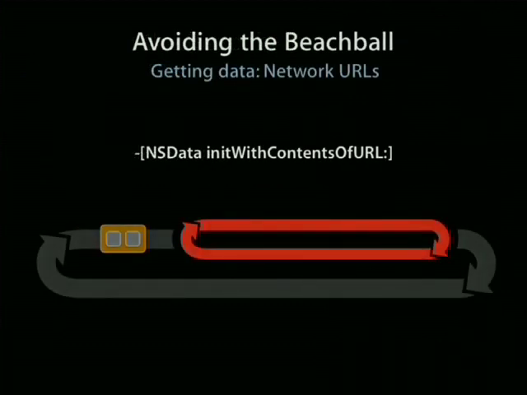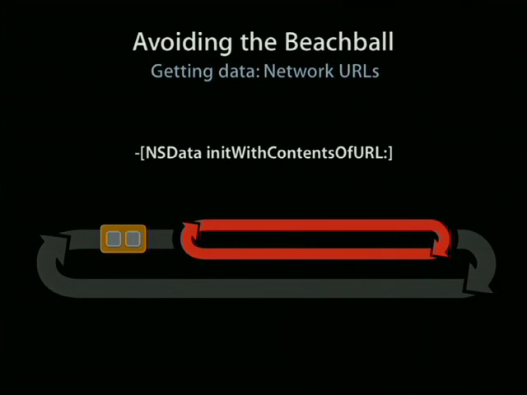This works great for file URLs with initWithContentsOfURL, but initWithContentsOfURL is going to do its work basically right on the event loop if you call it there. And it's going to block waiting for data if you hand it a network URL. So you can hand it an HTTP URL, and it will happily go off and download that stuff from the net. If it's on a local machine on your local subnet, that's great.